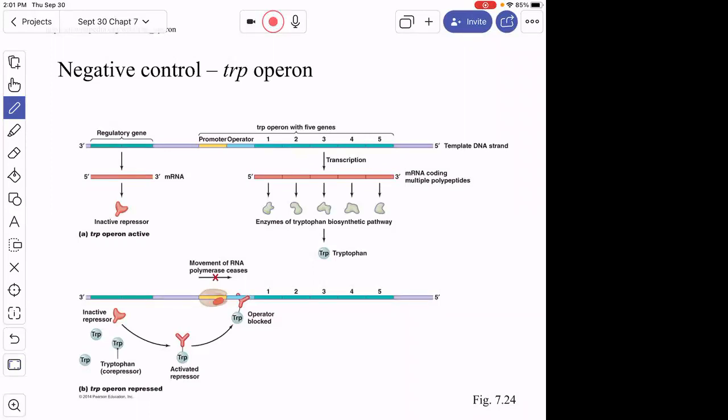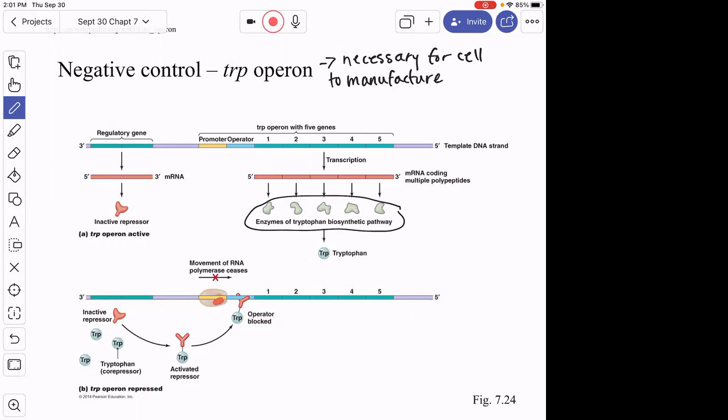So trp stands for tryptophan. The point of these enzymes that are made is that they are necessary for the cell to manufacture the amino acid tryptophan.